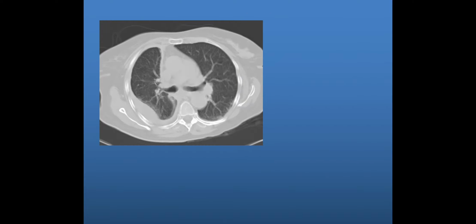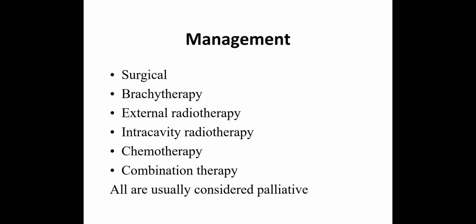By CT you can see there is a mass located posterolateral. It is pleural based. So the patient needs investigation to reach the diagnosis, and mostly he is a case of mesothelioma.